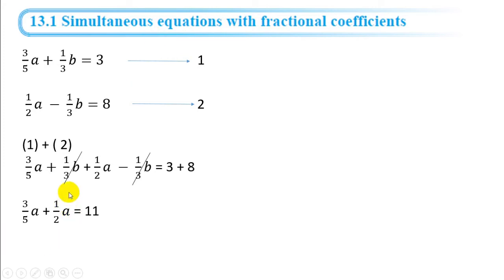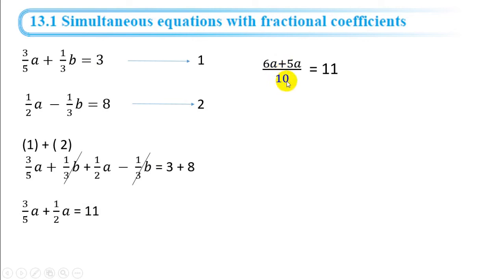Now we have simplified the simultaneous equation into a simple equation. Here you can see that the denominators are different, 5 and 2, so you find the LCM. LCM is 10. Then you simplify the numerator.